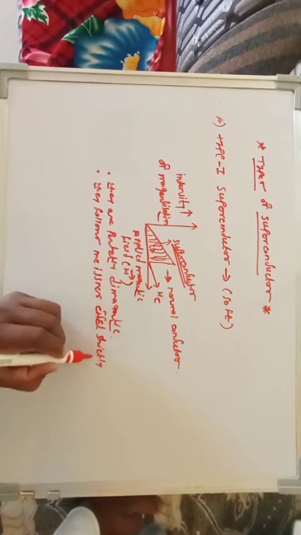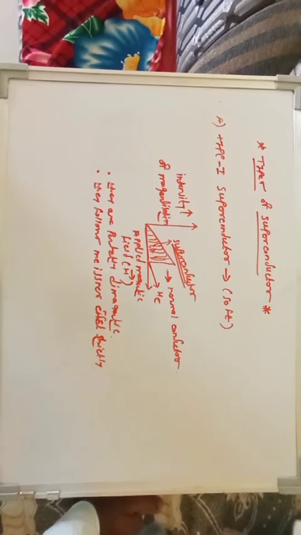Whenever it is in superconducting state, up to critical field strength, they follow the Meissner effect. We already discussed the Meissner effect in the previous lecture. Above the critical magnetic field value, they do not show the Meissner effect. They are perfectly diamagnetic below the critical field.